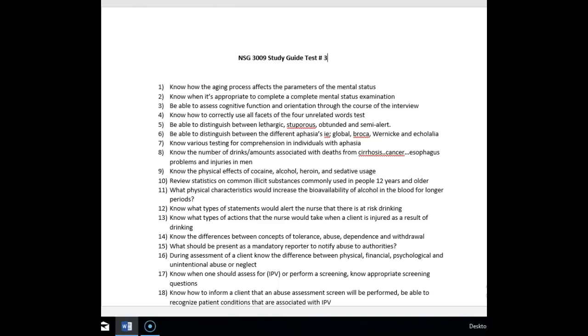Know what type of statements would alert the nurse that there is at-risk drinking. Basically, know when a person is telling you something about their drinking, because you'll tend to ask them questions.